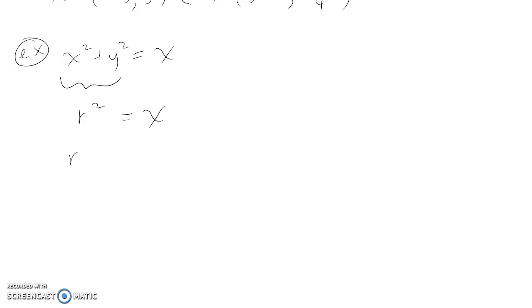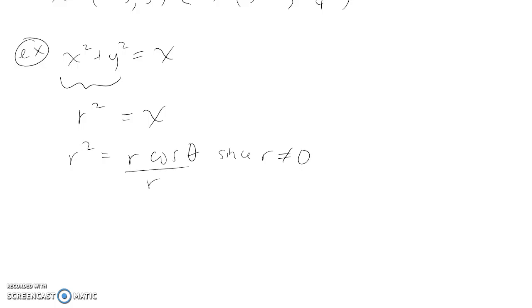Now I also know that x is r cosine theta, and since I know that r is not 0 (if r were 0, my point would just be the pole, and it doesn't apply in this situation), I know that r cosine theta is equal to r squared.